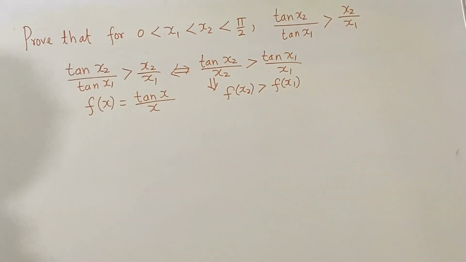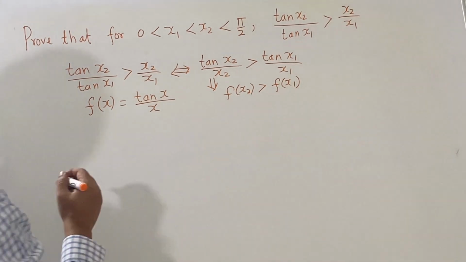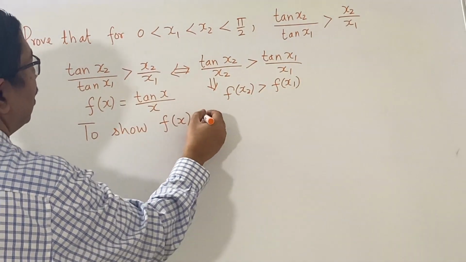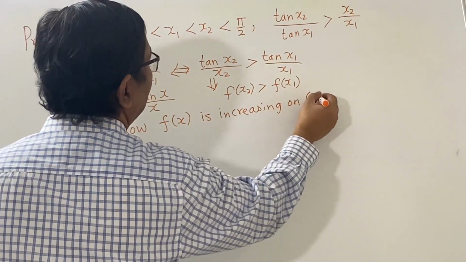Now, if it happens that whenever x1 is less than x2, f(x1) is less than f(x2), we say that the function is increasing on this interval 0 to pi by 2. So we have to show that f(x) is increasing on 0 to pi by 2.